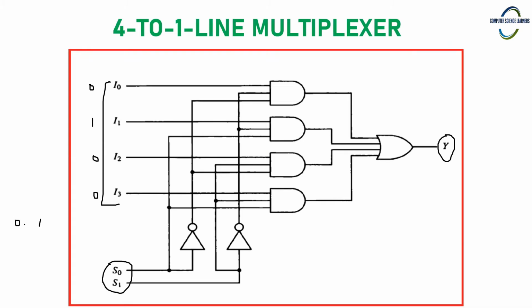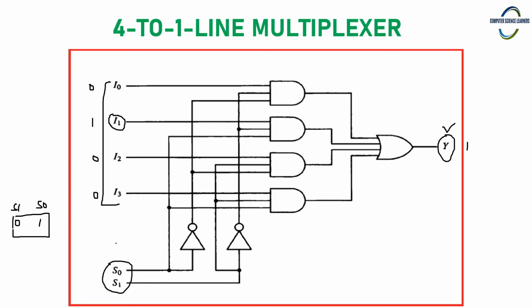As we have seen in the previous slide in the truth table, when S1, S0 is 0, 1, I1 will be selected, and this will go on the output line, that is Y. So here you can see Y will be 1 when S1 S0 is 0 1.